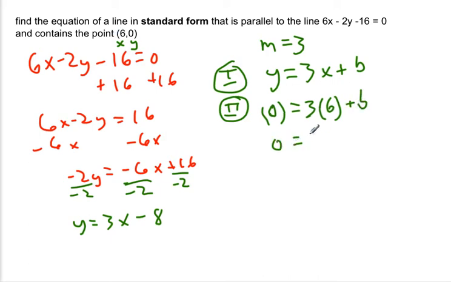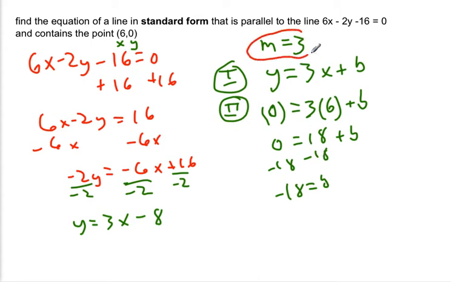So 0 equals 18 plus b. Subtract 18 from both sides. And negative 18 equals b. So we have a slope right here. We have a y-intercept, negative 18, and we have the equation of our line in slope-intercept form. y equals 3x minus 18.